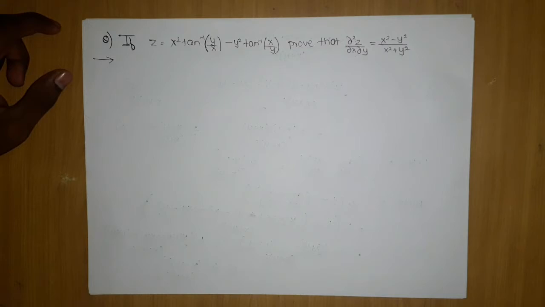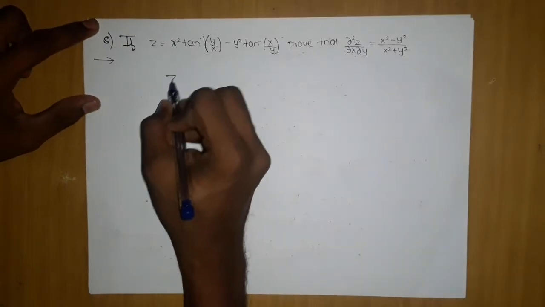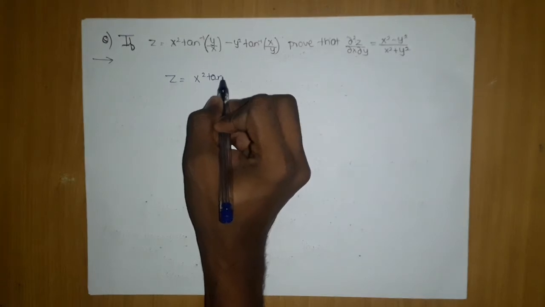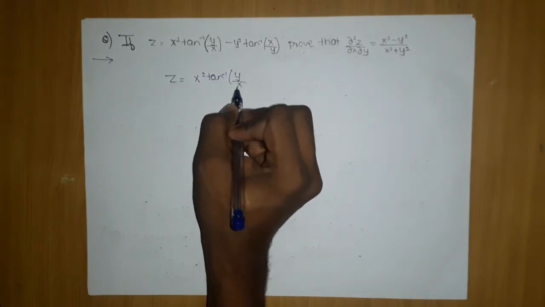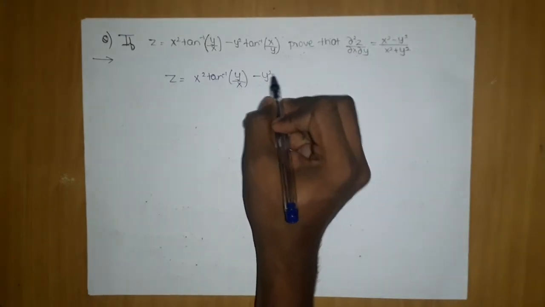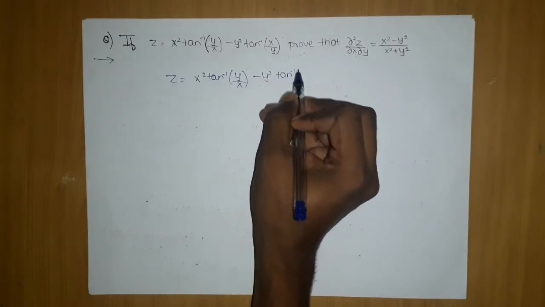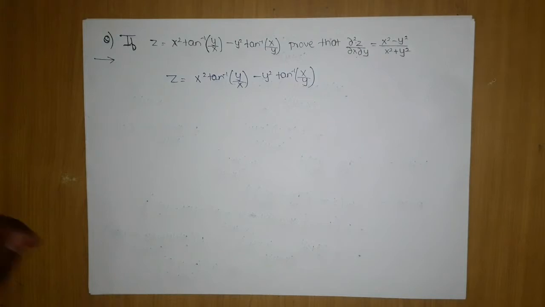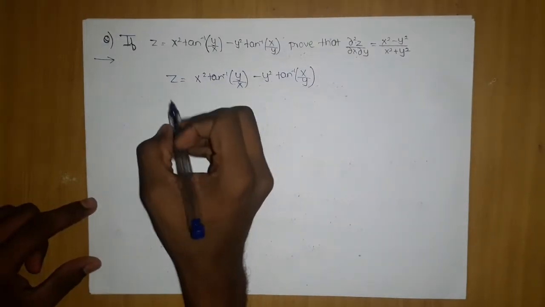So we know how to do it, but the steps are very important. First you have to write z. Z is x squared tan inverse y by x minus y square tan inverse x by y, right? We got our main function.